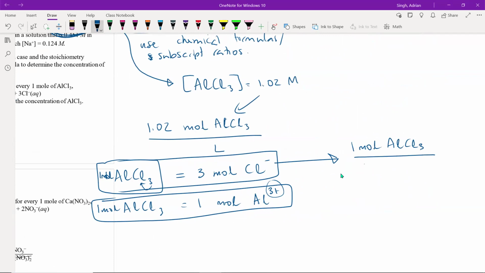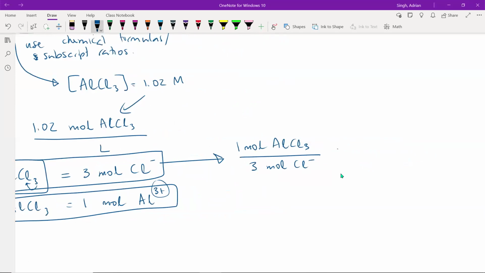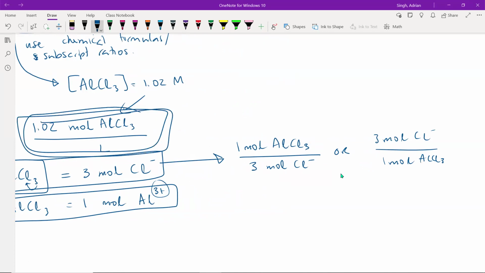I can write that as a conversion factor: 3 moles of Cl minus, and I can do with that what I do to all conversion factors. I can flip it and put the 3 moles of the chloride on top for every 1 mole of the AlCl3 on the bottom.